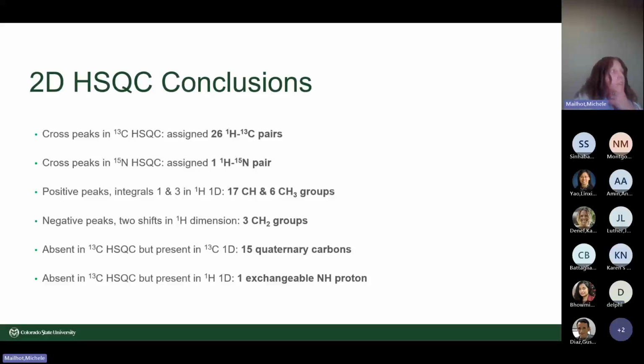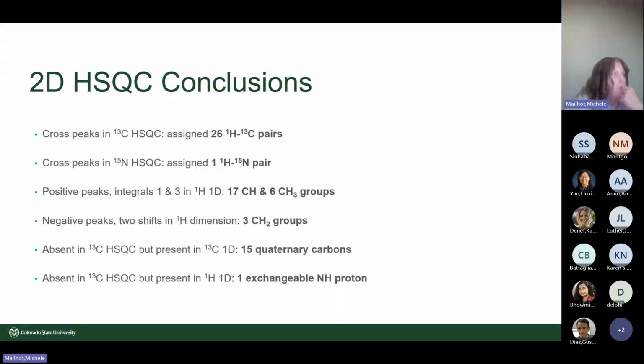So at the end of the day, the HSQC gives you 26 CH pairs, the one nitrogen pair. There were positive peaks: 17 CHs, 6 CH3s, and there were negative peaks that were 3 CH2 groups. So what was absent in the HSQC are the 15 quaternary carbons and the one exchangeable proton, which we picked up in the nitrogen experiment.